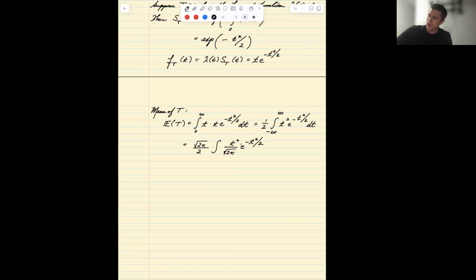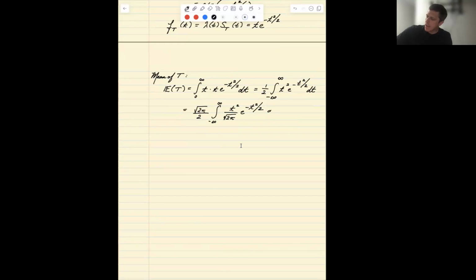So in order to do that, I have to put the square root of 2 pi in the denominator, and so I have to put it in the top. And now I have the expectation, the second moment of a standard normal, which is 1. Calculated that before. And so what I'm left with is square root of 2 pi divided by 2, which is the same as square root of pi over 2.